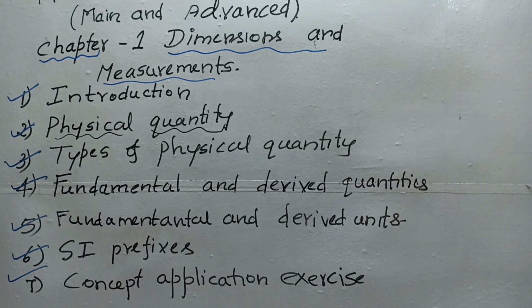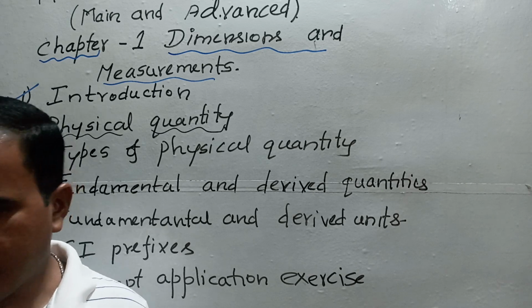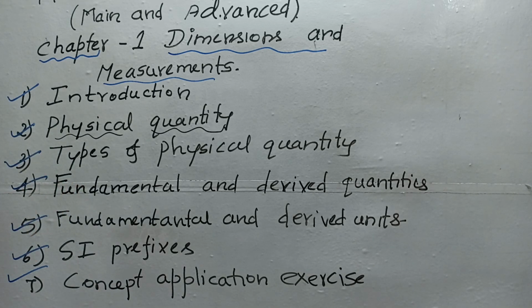Any quantity one can measure. In a simplified manner, any quantities you can measure by using any one of the instruments are said to be physical quantities.